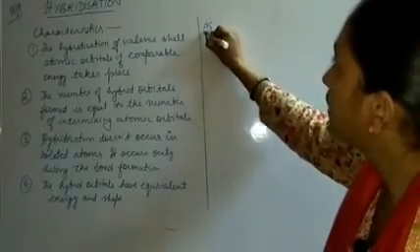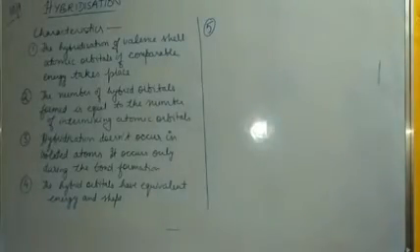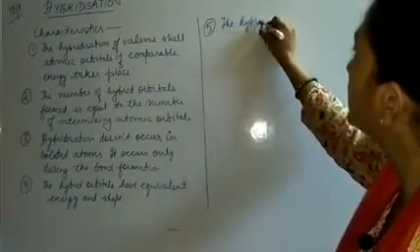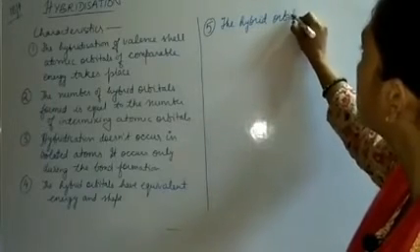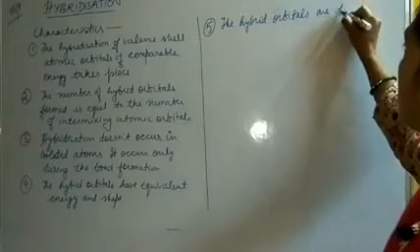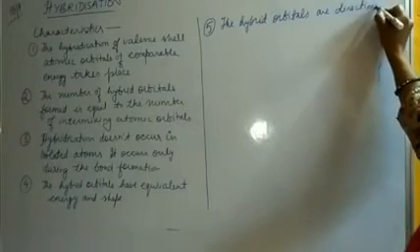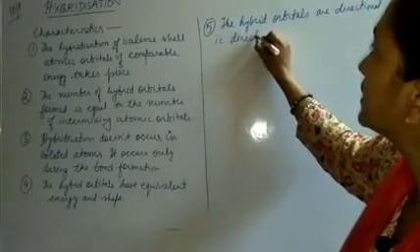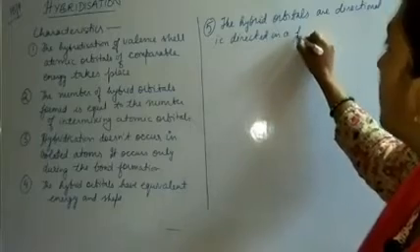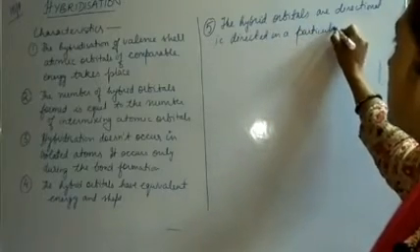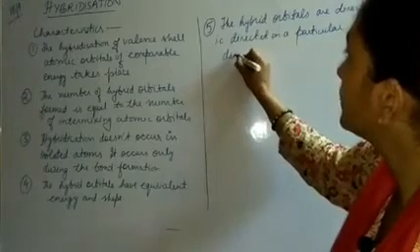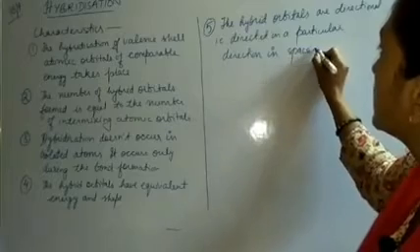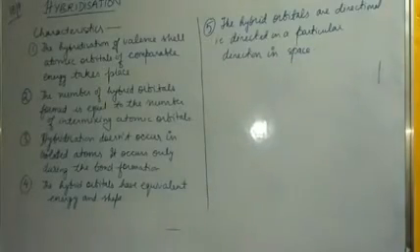Right? Now the next characteristic is that the hybrid orbitals are directional. It means that they are directed in a particular direction in space, right?